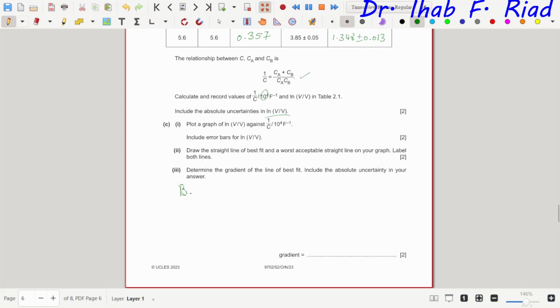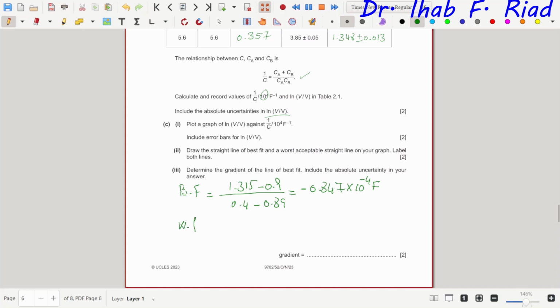This is the gradient, 1.315 minus 0.9, over 0.4 minus 0.89. I get minus 0.847, and I remember the multiplication 10 to the power minus 4 farads.